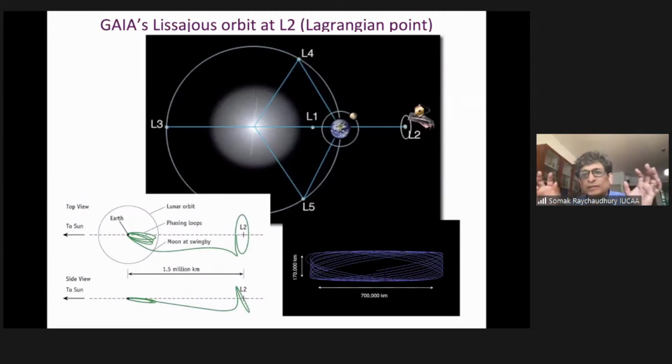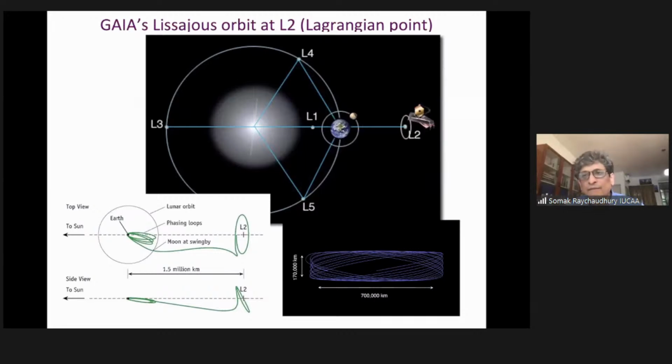If there are two attractors, the Sun and the Earth in this case, then for a third point, there are these points called Lagrangian points, where because the third object is going around, it has centrifugal force, and the centrifugal force plus the two attractions from the two objects, the Sun and the Earth in this case, the three cancel out in 5 positions, which are called the 5 Lagrangian points.